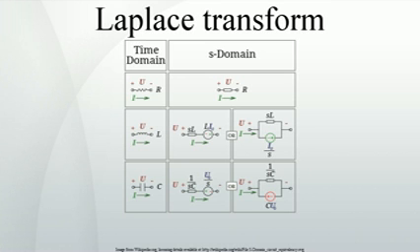S-domain equivalent circuits and impedances. The Laplace transform is often used in circuit analysis, and simple conversions to the S-domain of circuit elements can be made. Circuit elements can be transformed into impedances, very similar to phasor impedances. Here is a summary of equivalence. Note that the resistor is exactly the same in the time domain and the S-domain.